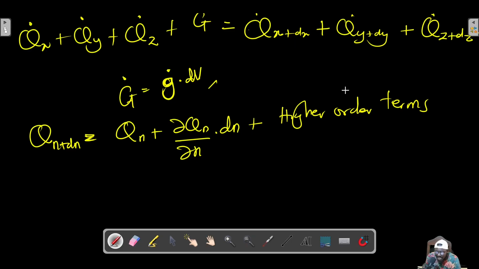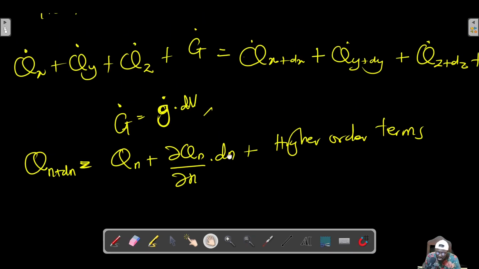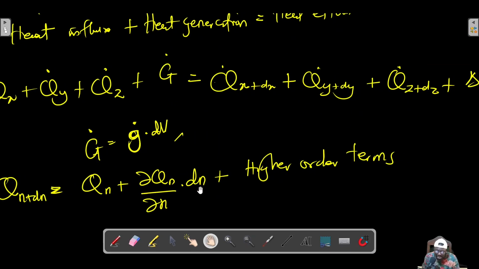Those higher order terms contain dn squared, dn cubed, and it goes on.